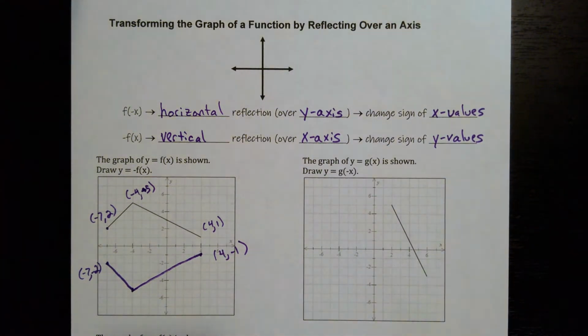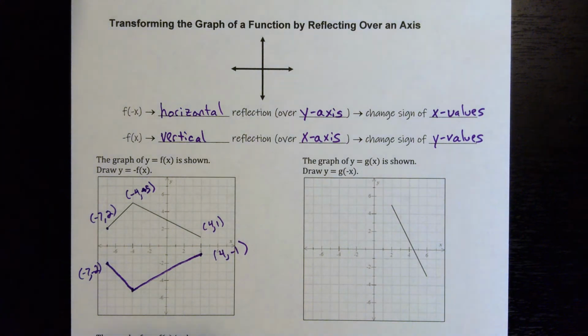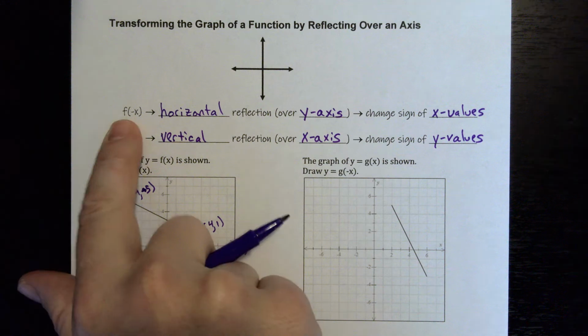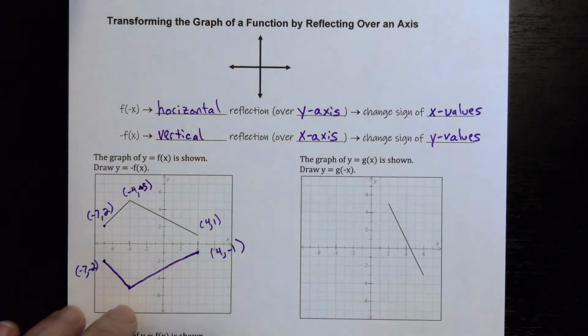Okay, so for the next one, we've got the graph of g of x shown, and it wants us to find g of negative x, so make the x's negative. So that's this one here, which is a horizontal reflection over the y-axis. Okay, so we'll change the sign of the x values.